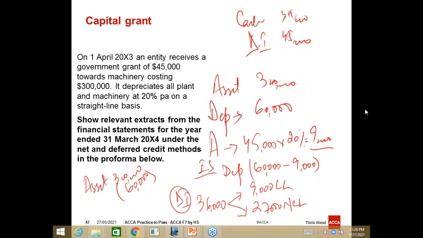Yes, if the conditions are not met, then you need to repay the government grant, so the whole of the accounting entries that you have made should be reversed.